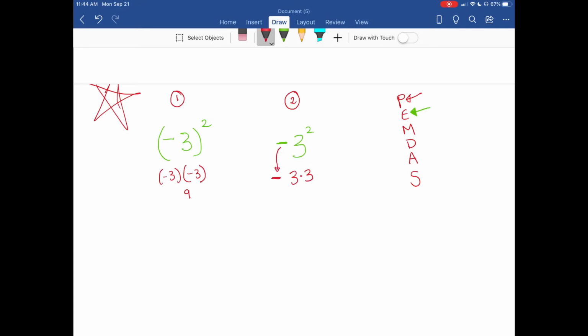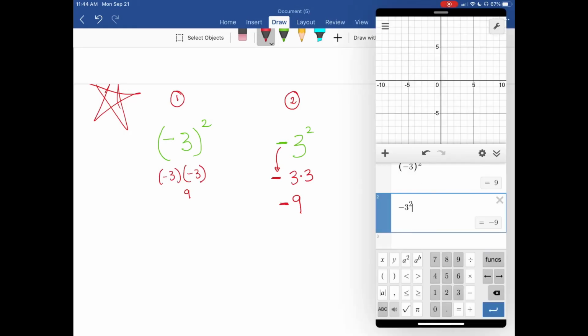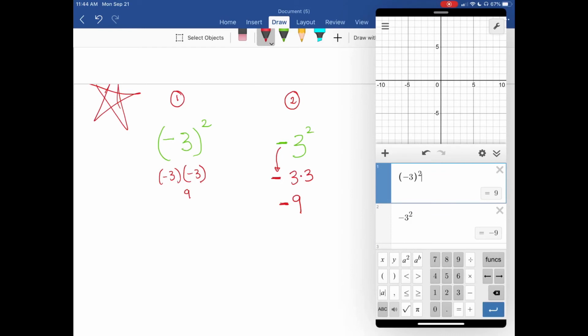Next, negate it. And that gives us -9. Let's verify with Desmos. You'll notice that when it's -3 in parentheses squared, it's 9, whereas -3 squared is -9.